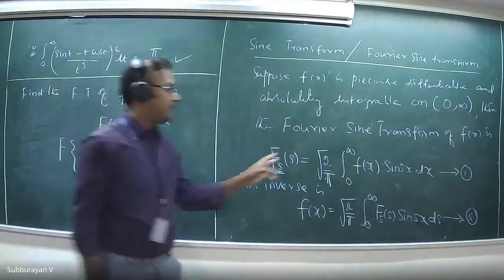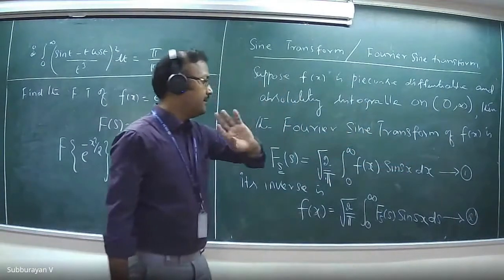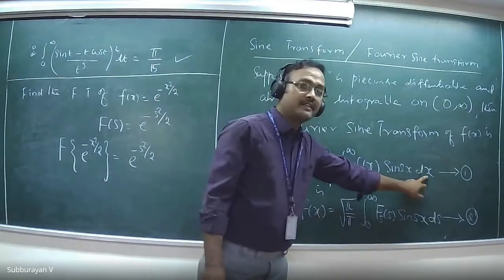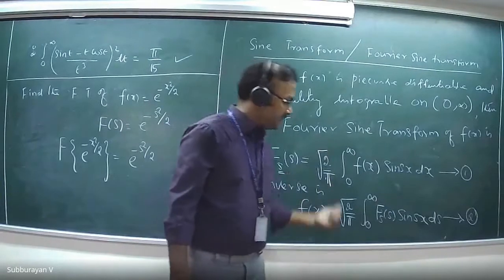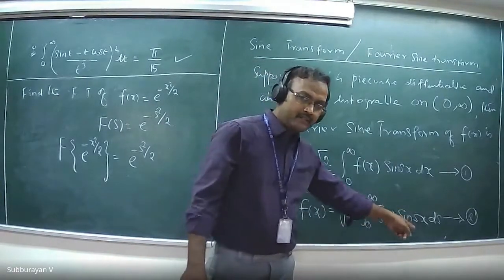For Fourier sine transform, we have to integrate the integrand with respect to x. To find its inverse, we have to integrate the integrand with respect to s.